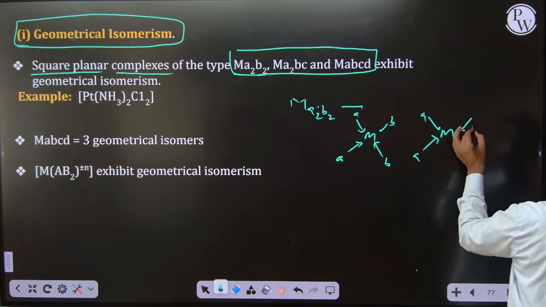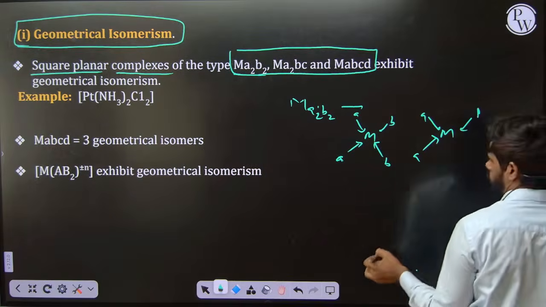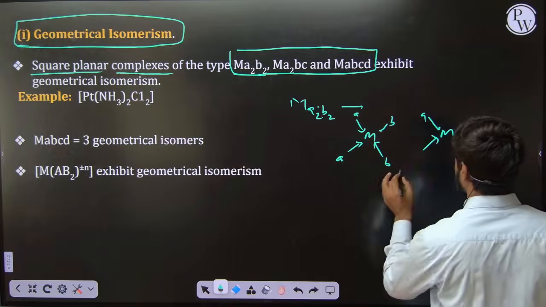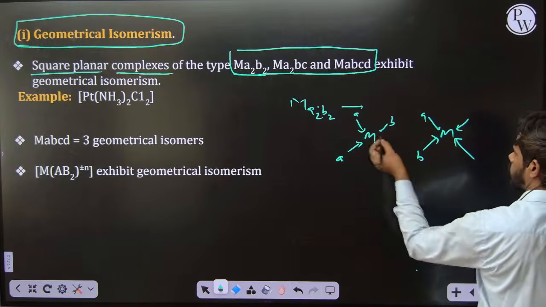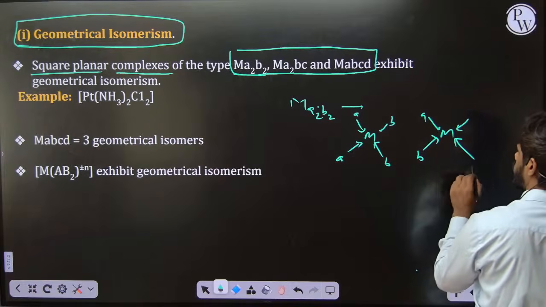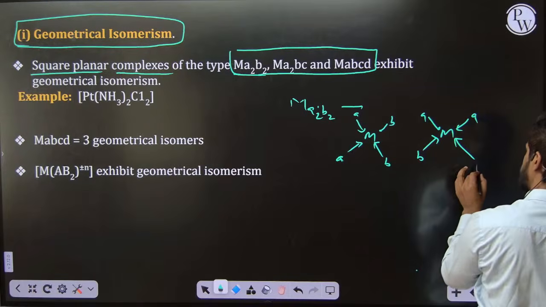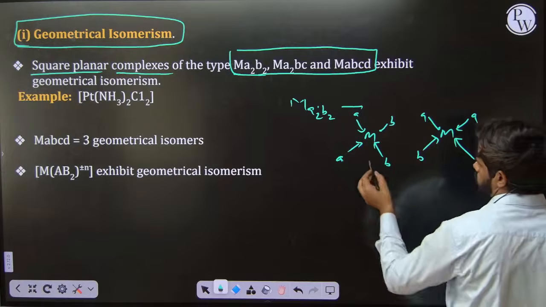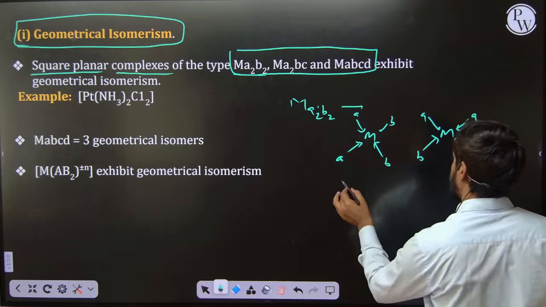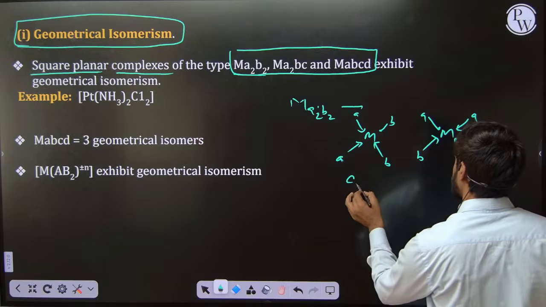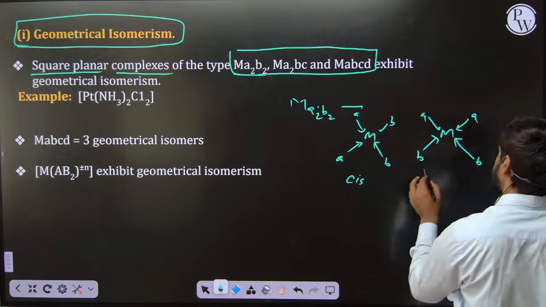A on the same side and opposite side. So one out of them is cis and another one is trans.